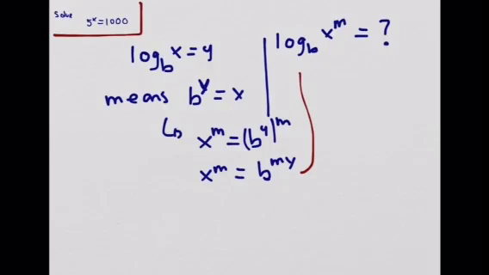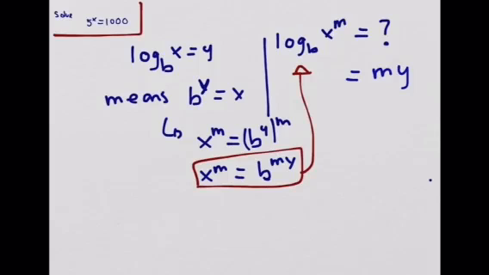To find log base b of x to the m, I need to know what power I need to raise the base b to, to get x to the m. I just found it. The power is m times y. So my answer is m times y.